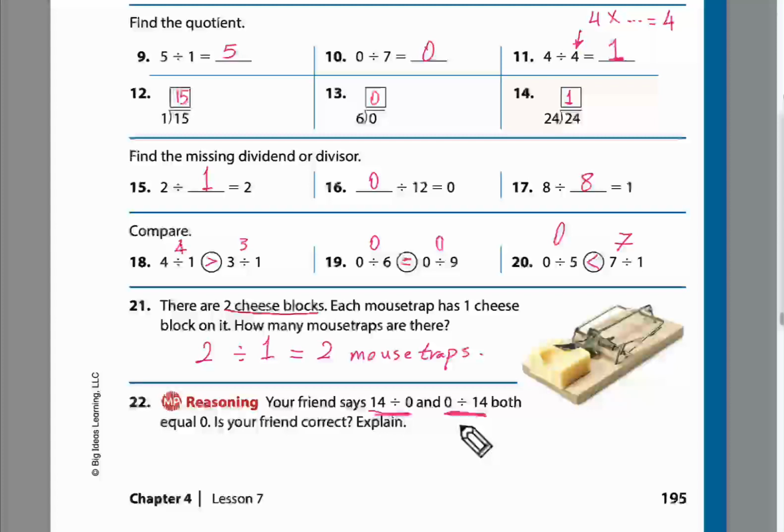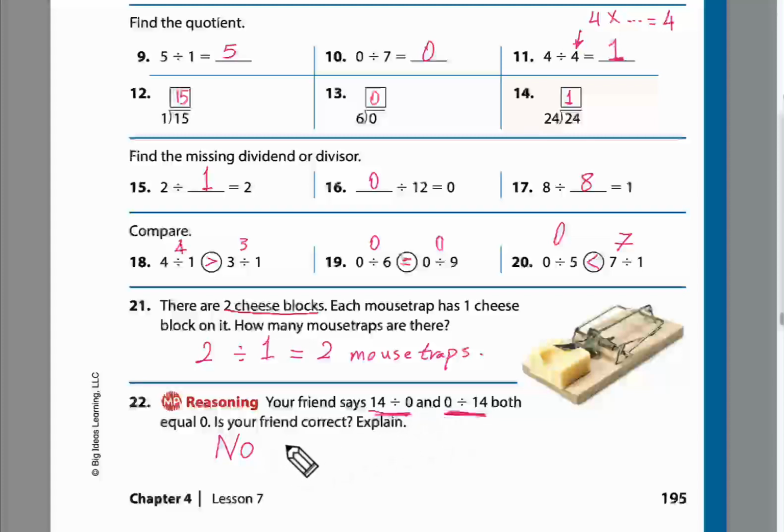14 divided by 0 can be done, and 0 divided by 14 cannot be done. What? Both cannot be done? Both of them?